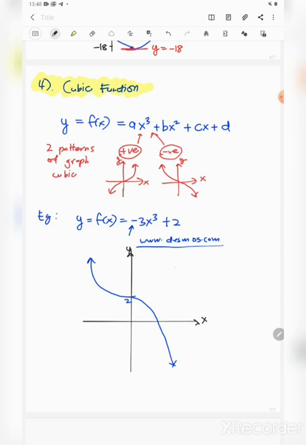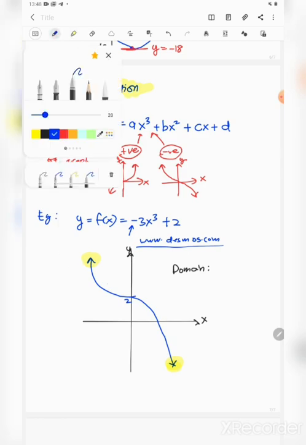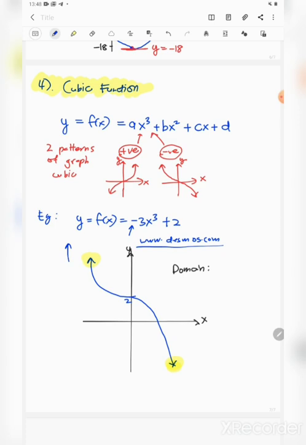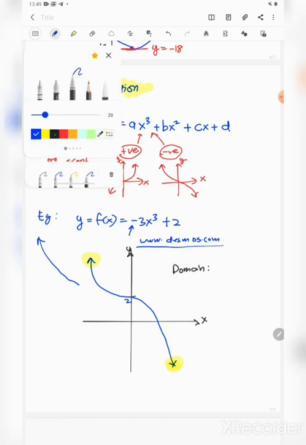To find the domain, we read the graph from left and right. We know the graph will be pointing left all the time. The graph is not pointing up all the time. The graph will be like this, pointing up and to the left, to the left side all the time.